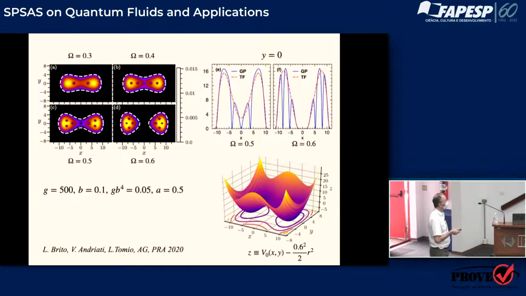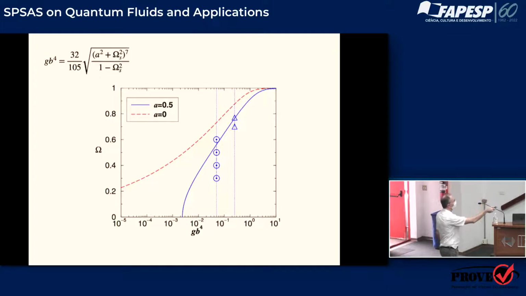Inside is full numerics with the vortices, and outside is the Thomas-Fermi approximation. As we increase the omega, finally we have breakup between omega 0.5 and 0.6. This is exactly the point as I showed you, exactly between 0.5 and 0.6.